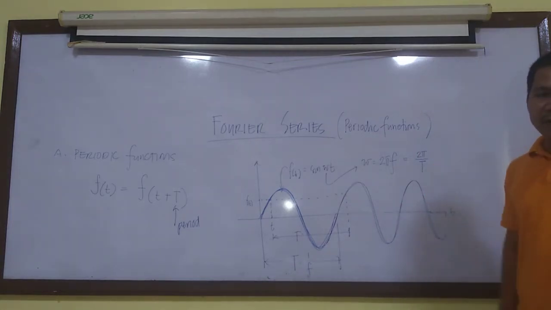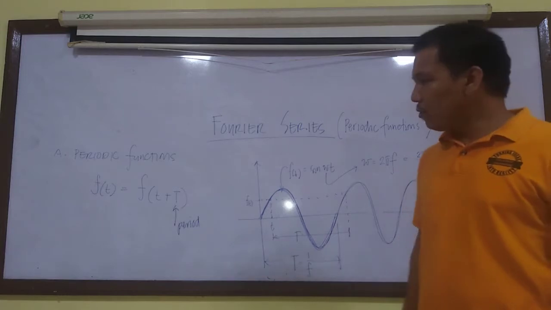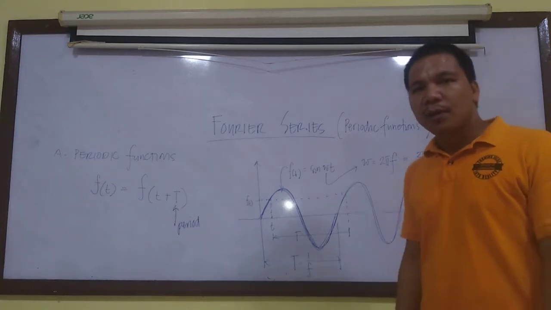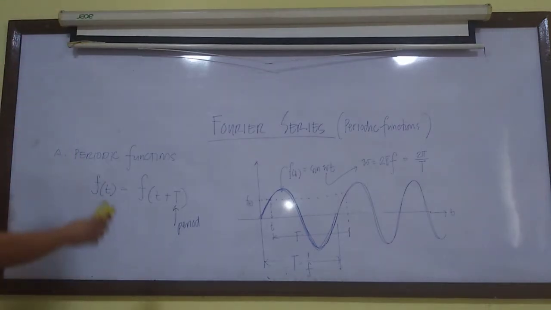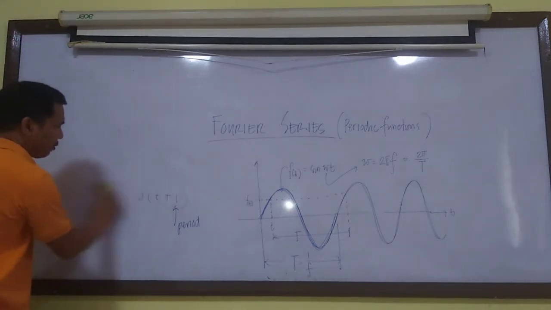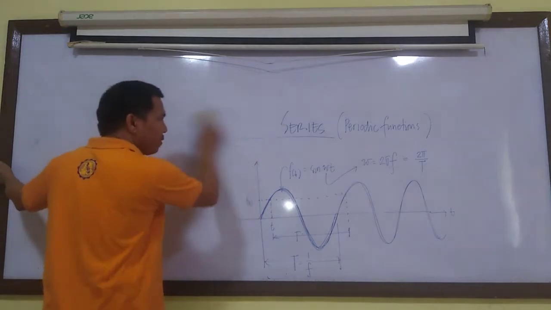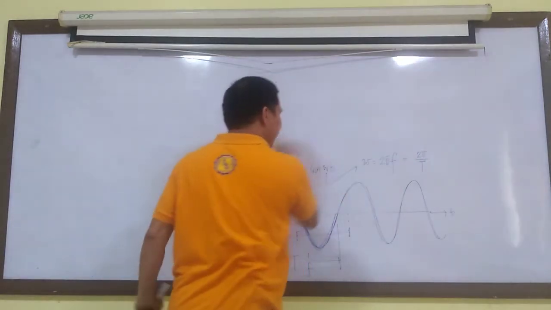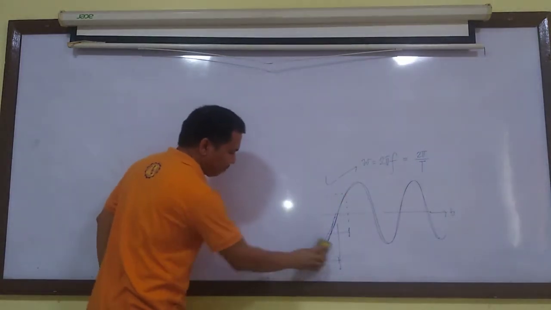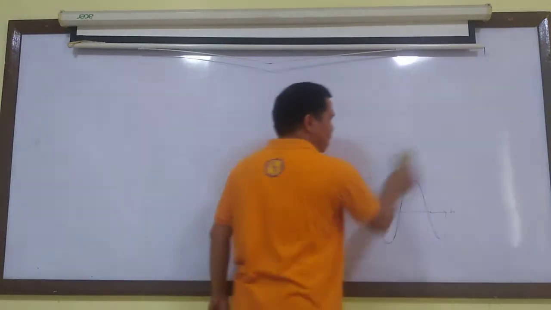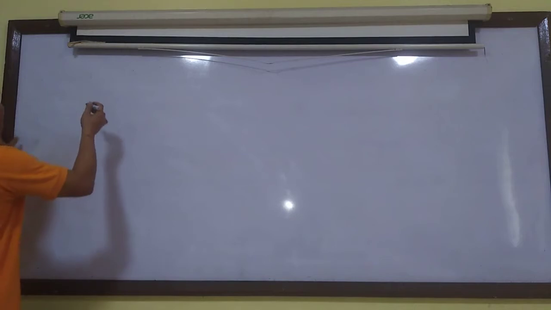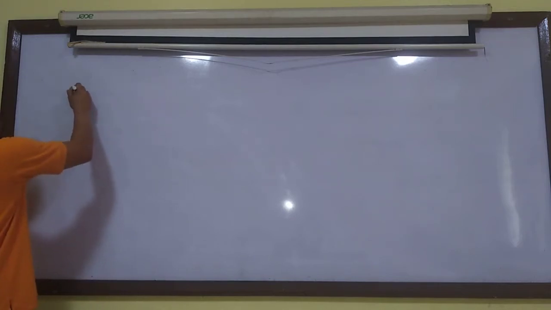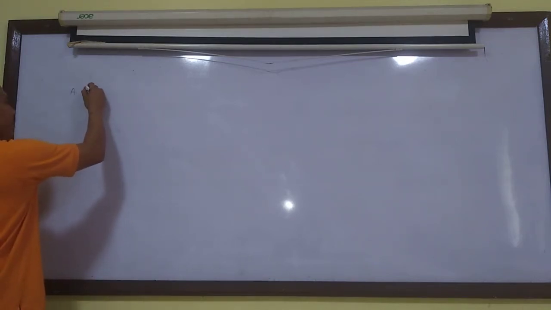Later on, I will show you the periodic functions that are common in engineering. Now, I will erase this part first, and then we will continue with periodic functions. Here are some examples of periodic functions. I have here my sinusoidal function, the sine wave.